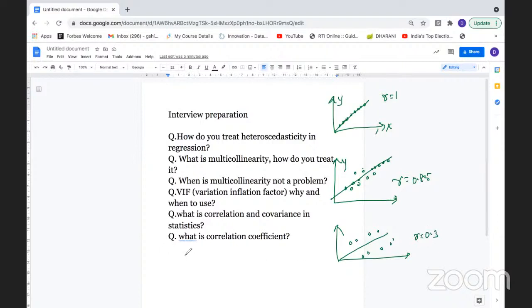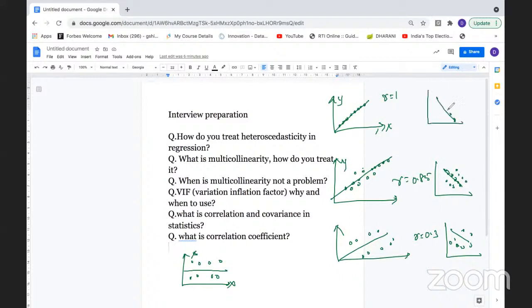And finally, what we expect for x and x. This is what we want, for x and x. Now, the same thing would be like this on the negative side: r equal to minus 0.85, and here is r equal to minus 1.